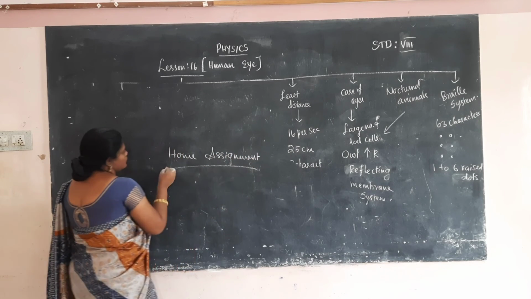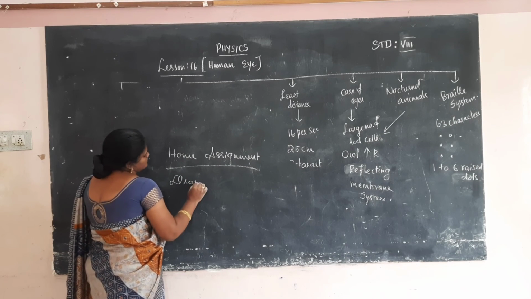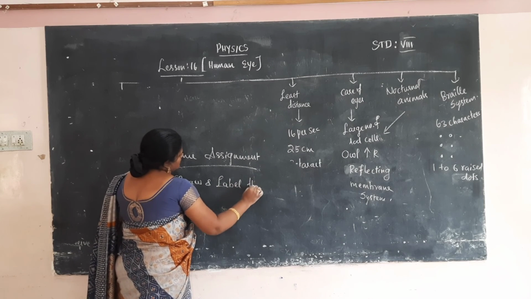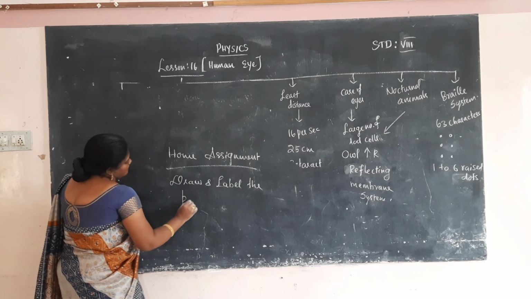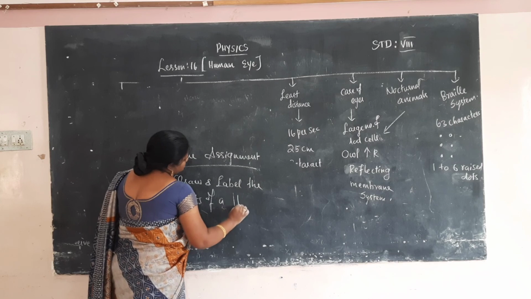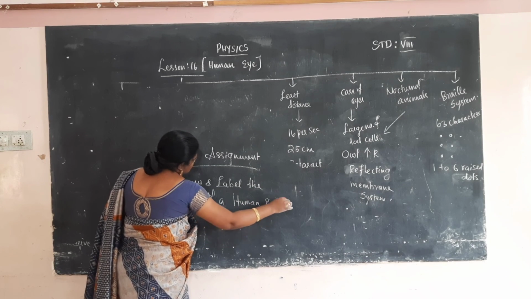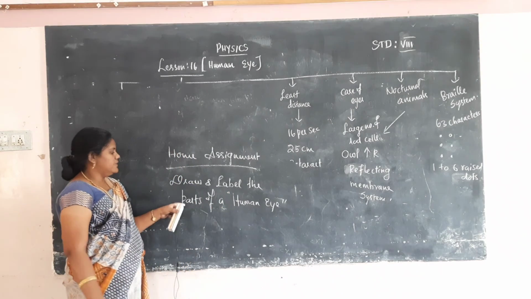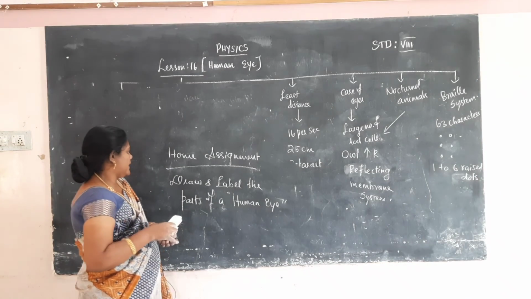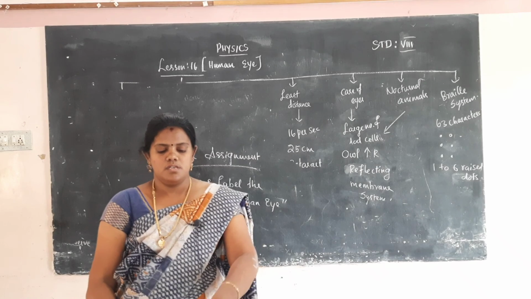Draw and label the parts of a human eye. Okay, draw and label the diagram, the parts of a human eye. Okay. Thank you.